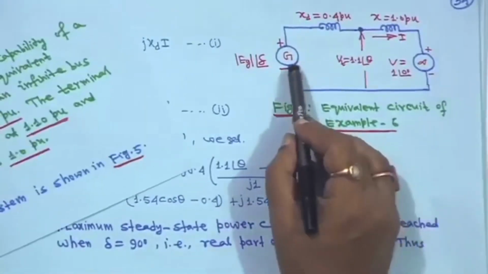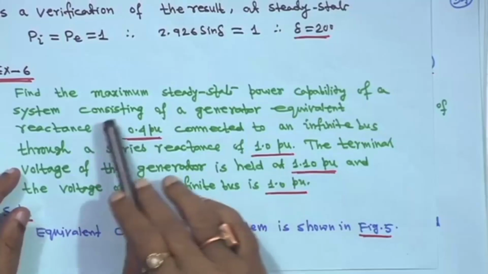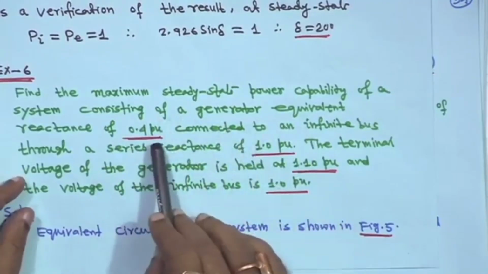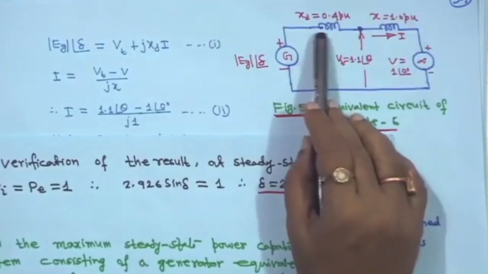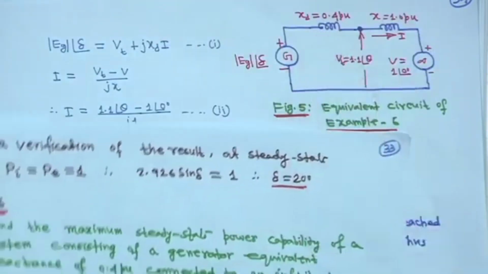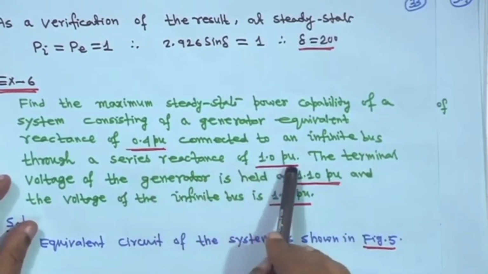So, it is the generator voltage E_g angle delta, and this is the generator equivalent reactance 0.4 per unit. So, this is x_d we are writing, 0.4, and through a series reactance of 1 per unit.